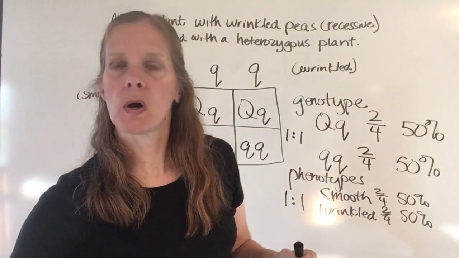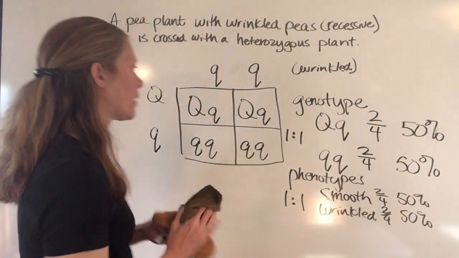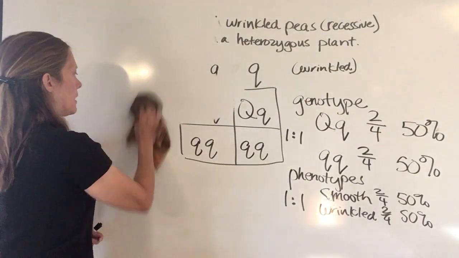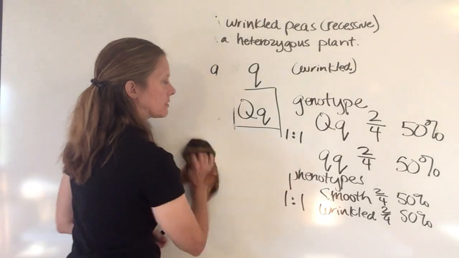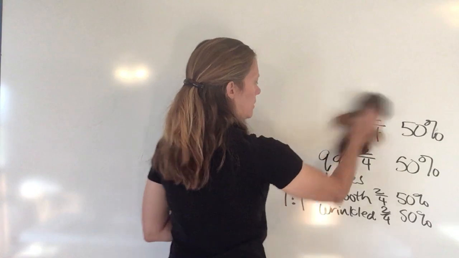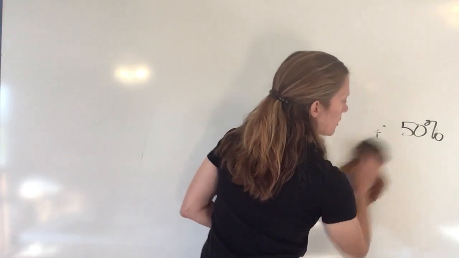Now, let's look at one that is a little bit more complex and make sure that you understand how to do that one. Because sometimes you may have some dominant traits that show up, but the genotype may not always be the same.